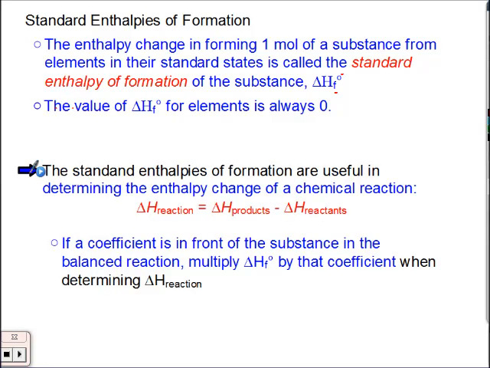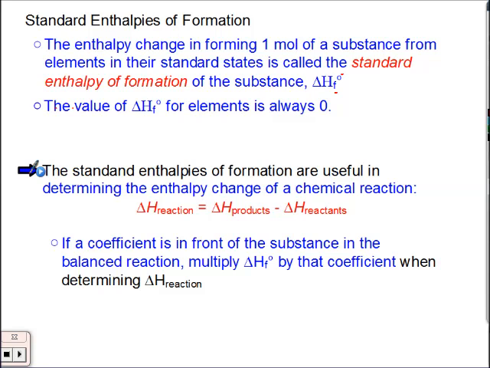If I need to find the enthalpy of a reaction, I'm going to take the products minus the reactants. It's an application of Hess's law, and it can be applied from what we learned before about adding things up and taking things away with the full reactions.